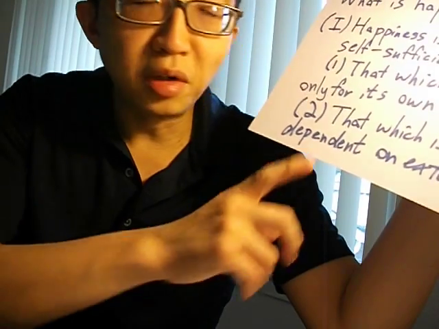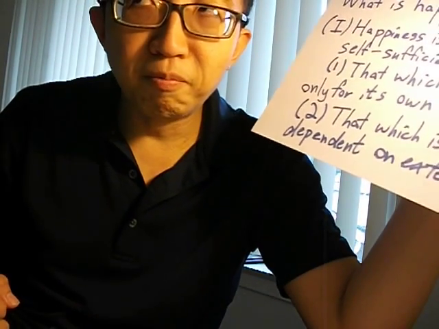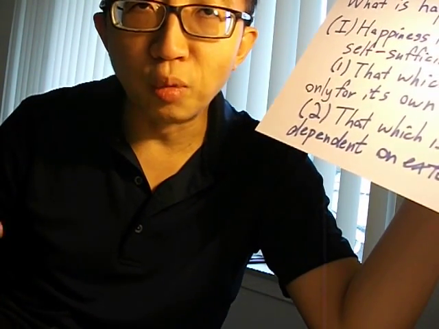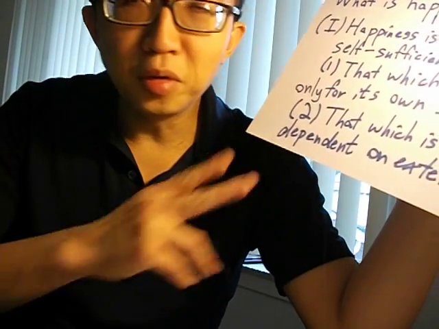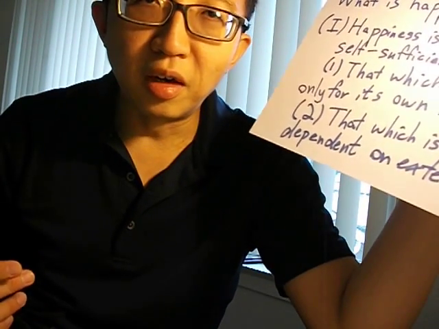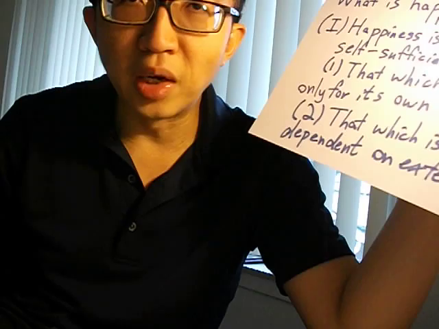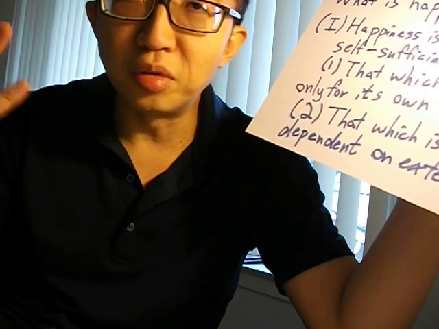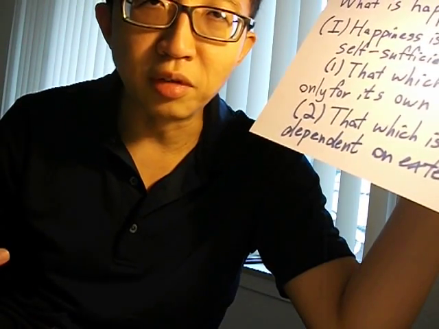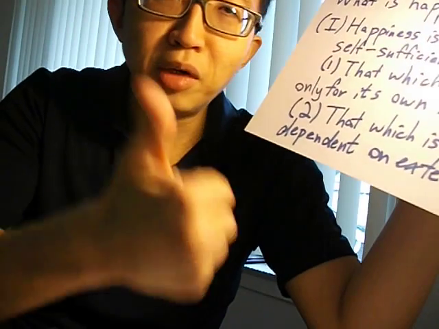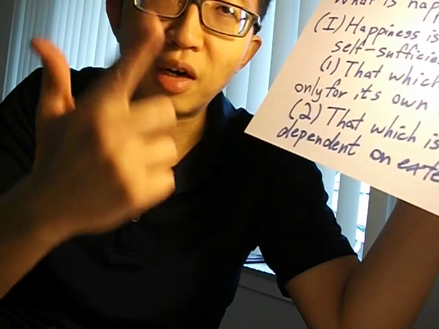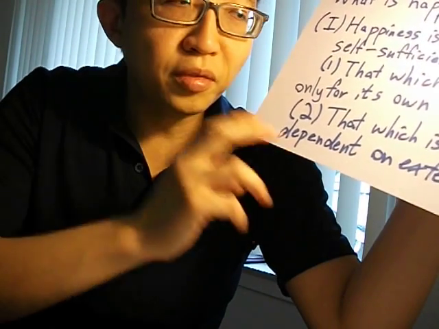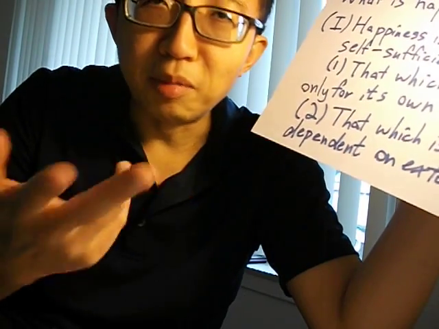So money is totally dependent on externals. The approval of your friends or worldly honors is also dependent on externals. Because if your friends cease to like you, then you will lose the approval of your friends. So therefore, money and the approval of your friends are not happiness. So what that means is that only happiness can be happiness.